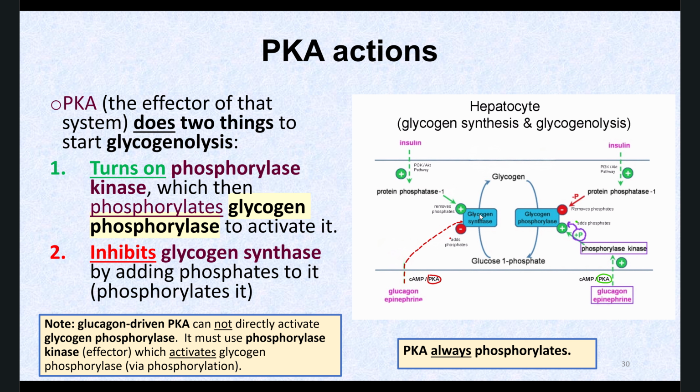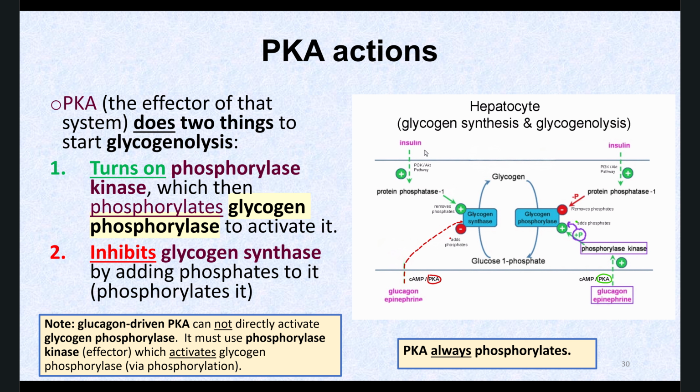So glucagon binds to the hepatocyte cell membrane. It triggers the cyclic AMP PKA second messenger system. PKA will go and inhibit glycogen synthase by adding phosphates to it. It's just another mechanism to shut that thing down.